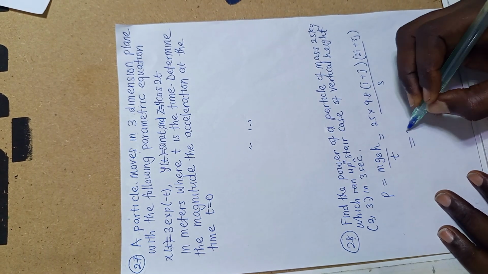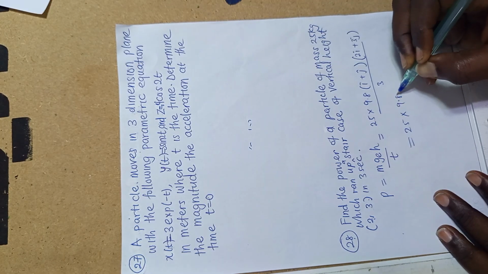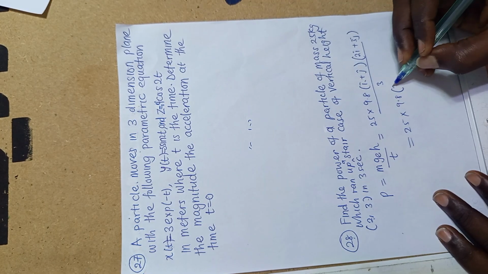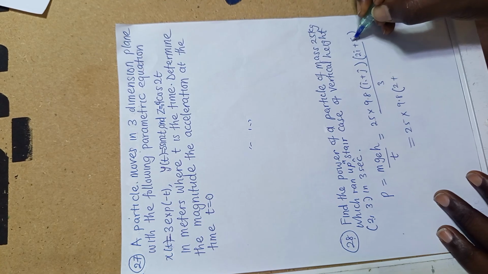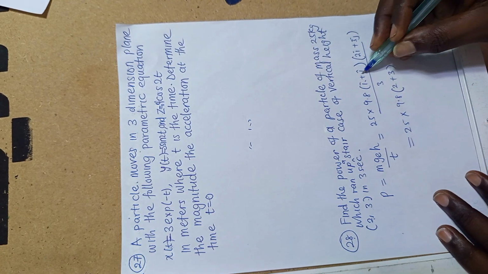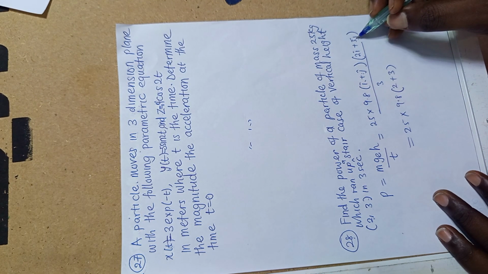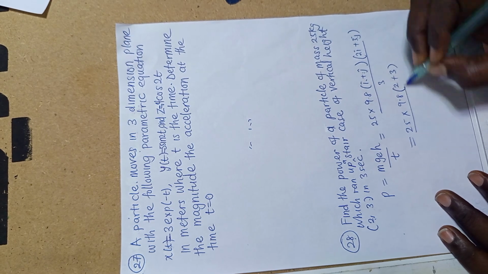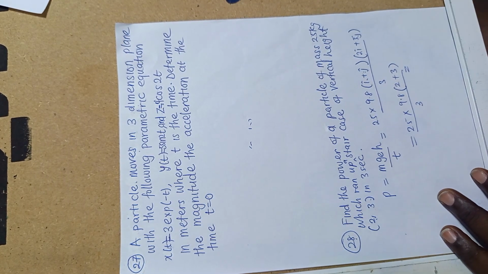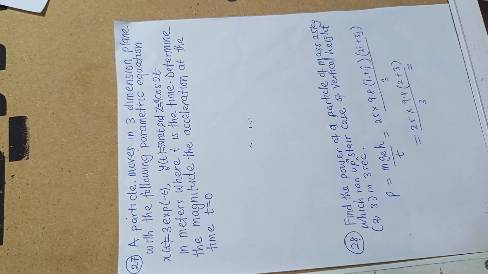You get your answer. So 25 times 9.8. This and this is 2 plus, this and this is 3. 1j multiplied by 3j is 3. Divide by 3. So once you press your calculator, you're supposed to have an answer. 25 times 9.8.